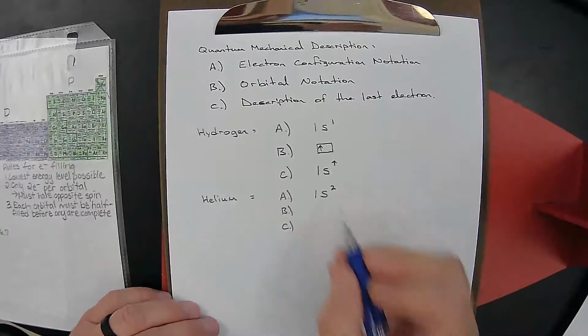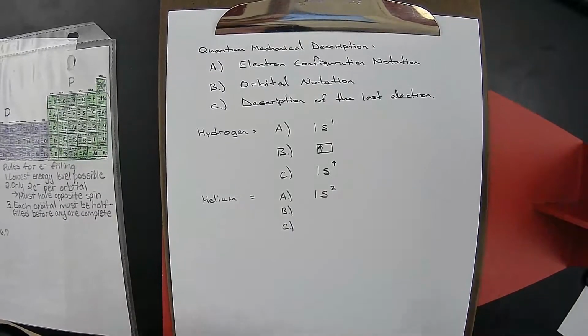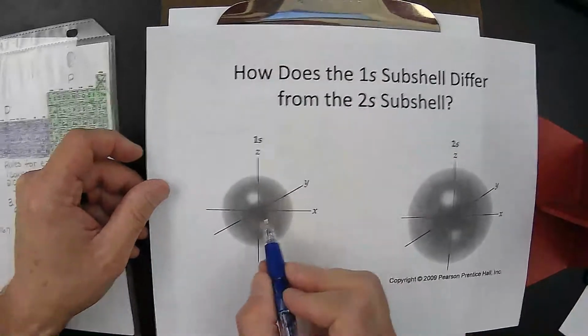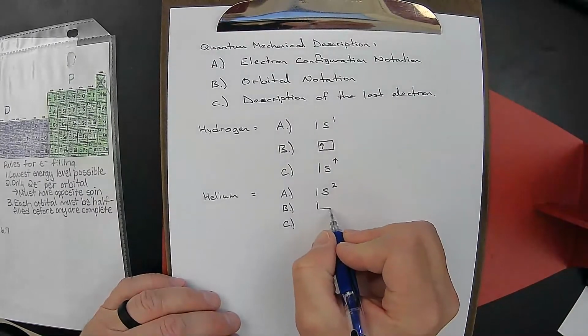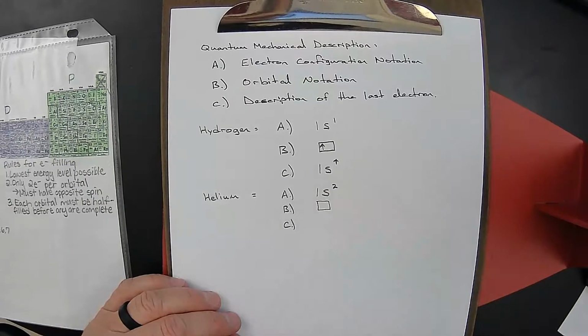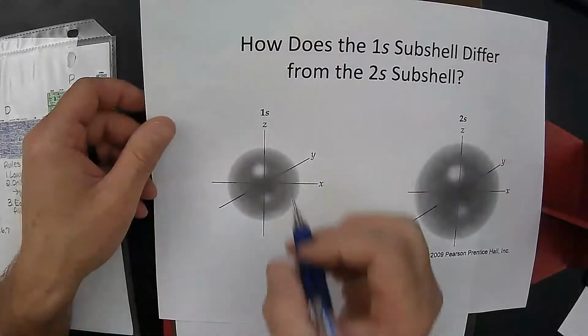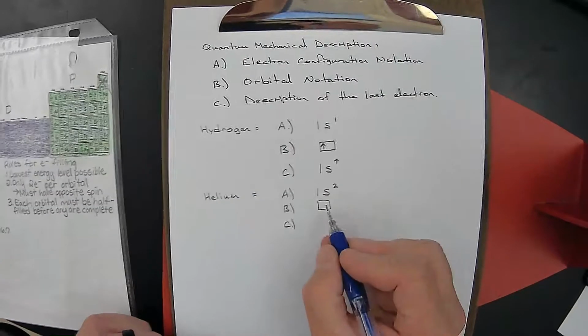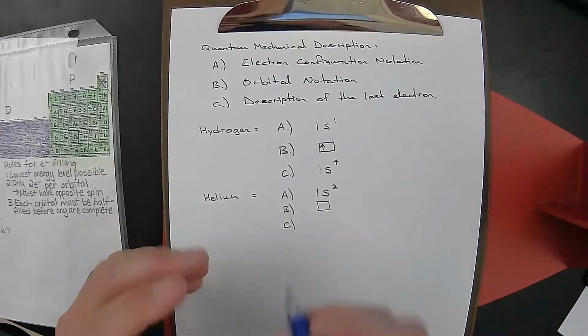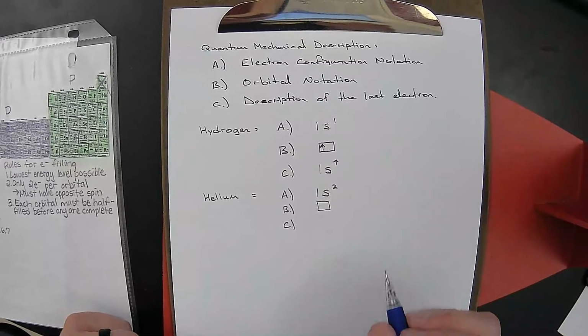The S subshell only contains 1 orbital, so we only draw 1 box. Technically, this shouldn't be drawn as a box. It should be drawn as a sphere, but I'm not good at drawing spheres, and luckily the scientific community has decided to use boxes instead of actually drawing the orbitals as their shape.